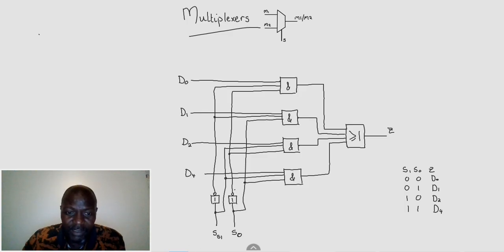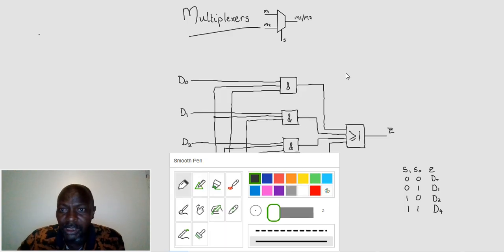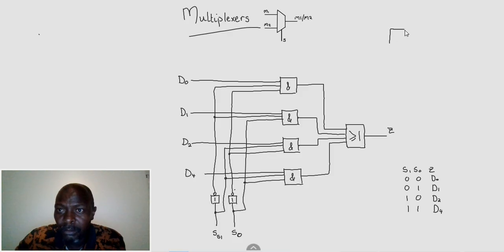Probably with the previous scenario, maybe I skipped this part. Some people will find it a little bit disheartening. With the 2 that we had previously, it was a simple OR gate as we've done it before, the selector.